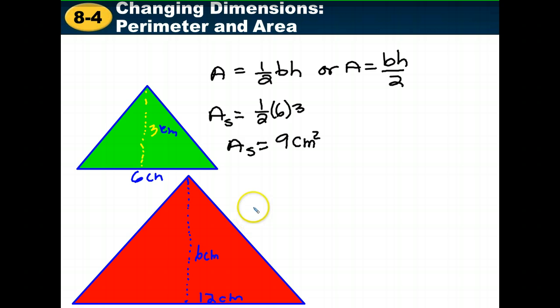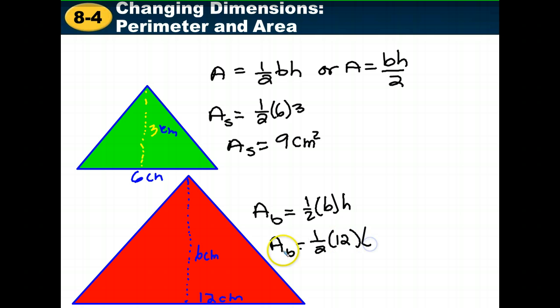And now the area of the big one, half of the base times the height again. So the area of the big one will be half of 12 times 6, which is the height.